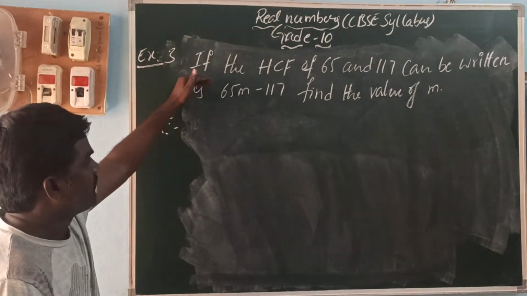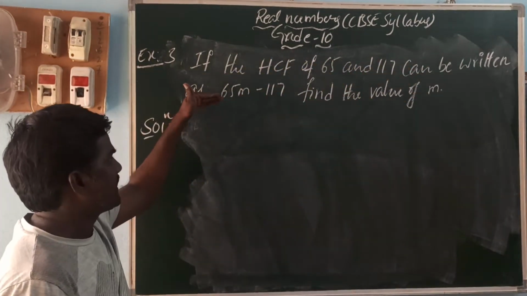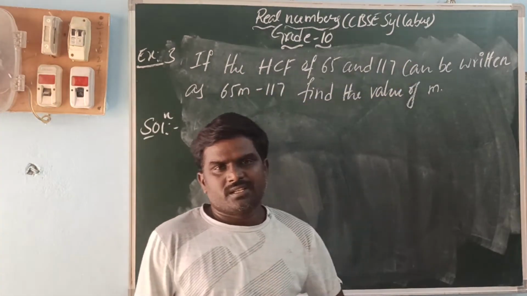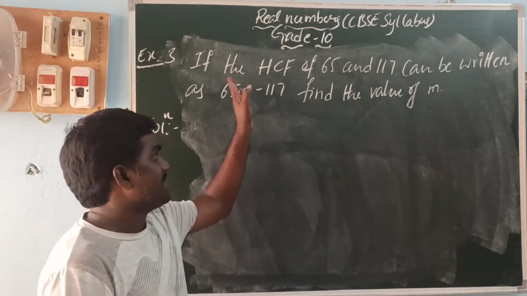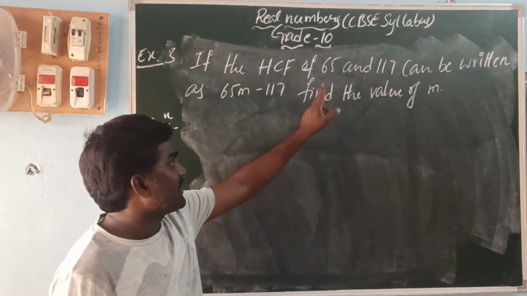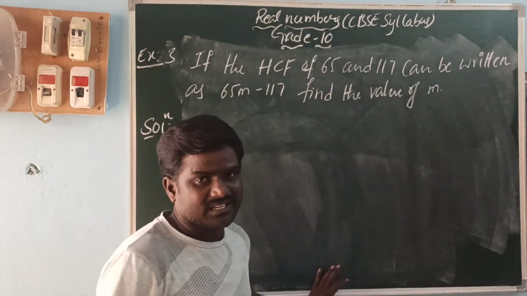Next, if the H.c.f. of 65 and 117 can be written as 65m minus 117, find the value of m. Here they have given that the H.c.f. of these two numbers is this. Actually, we know that by using the division method we can get the H.c.f. of 65 and 117.